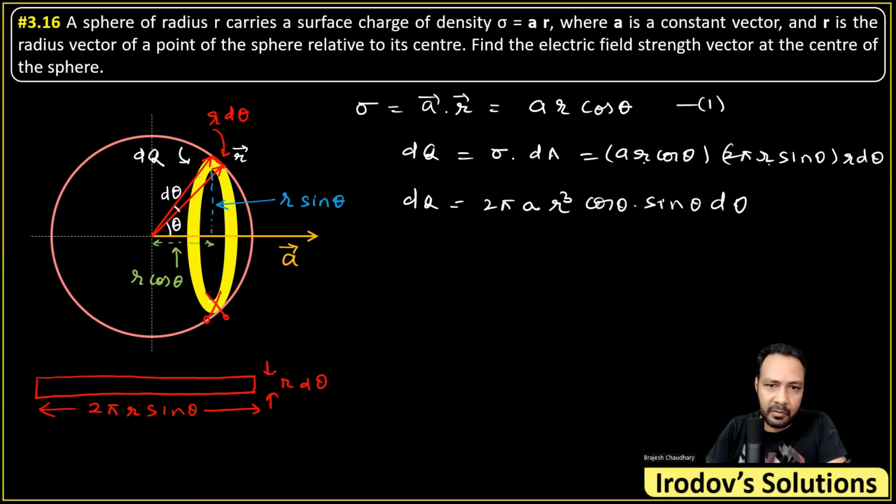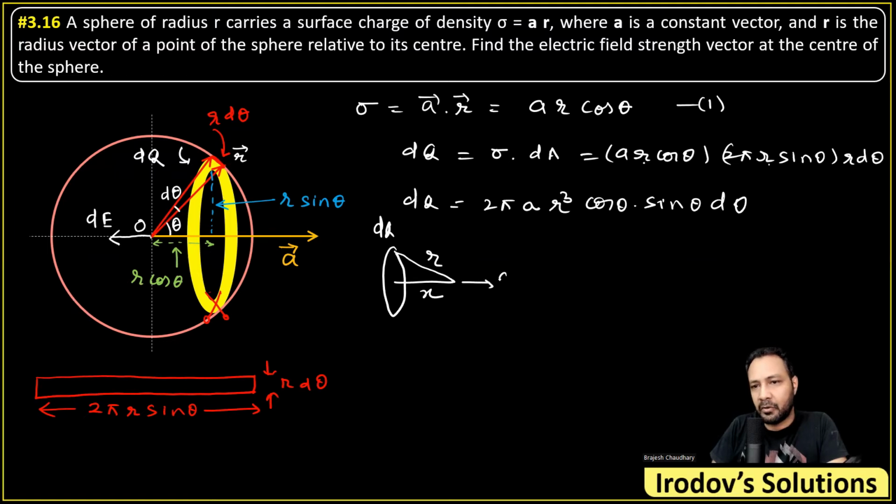Now this ribbon is kind of a ring, and the center is the axial point of the ring. So because of this ring, the electric field will be along this direction. Suppose this electric field is dE. If I have a ring with charge dq, and at an axial position at distance x from the center, with r the distance from the ring, the magnitude of electric field is k dq x divided by r cube.